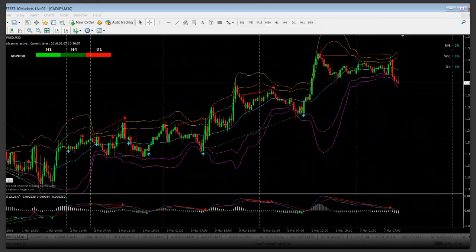Stop loss is 139.350. It's going to be a longer term trade, so target will be the last low there. Target's roughly down towards 138, 137 and a half, 138.